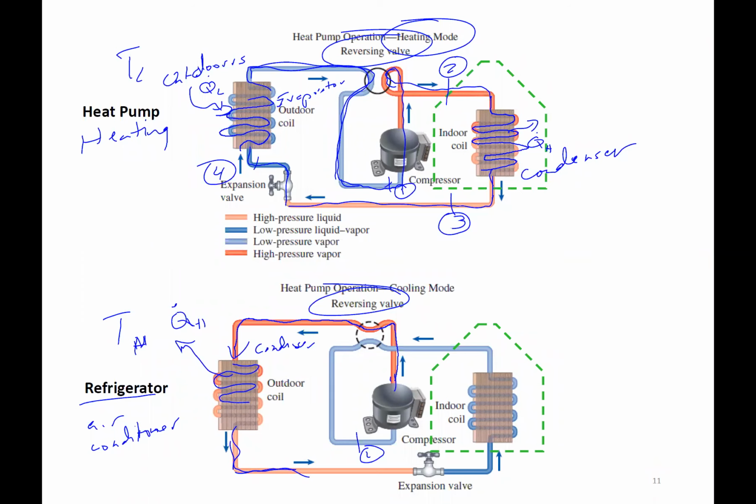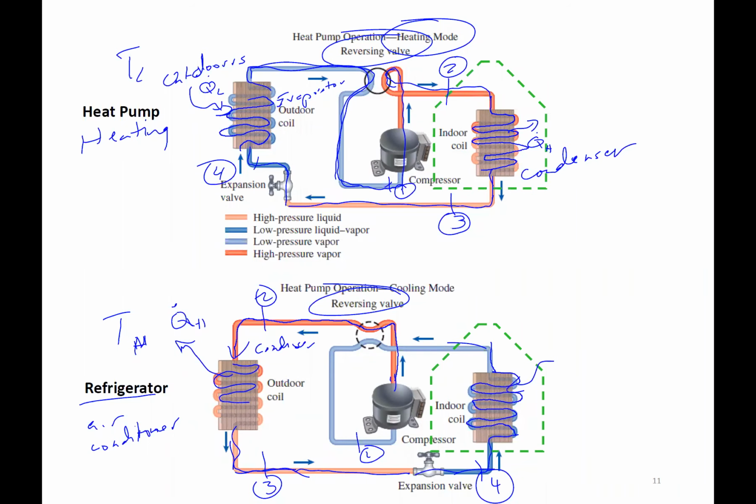We get to our saturated liquid, we go through our expansion valve. So we're at state 3, go through our expansion valve, constant enthalpy. We drop our pressure, drop our temperature significantly. We end up at state 4. Now we have very low pressure and low temperature, low enough that we can pull heat from the air in the house.